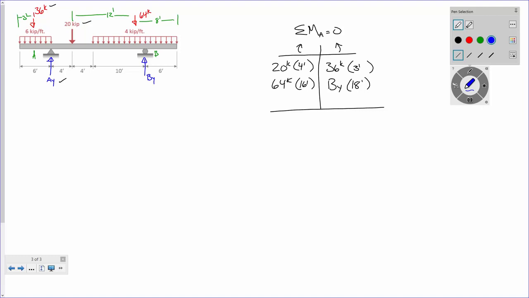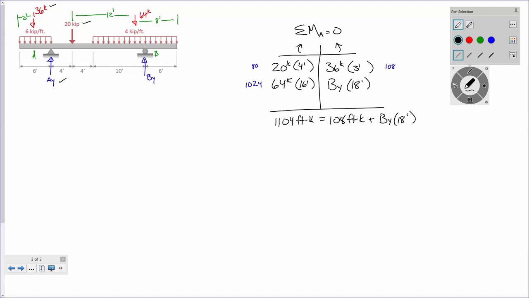Okay, so 36 times 3, that's 108. 20 times 4, that's 80. 64 times 16 is 1,024. So here on the left side, it's 1104 foot kips. Over here, we've got 108 foot kips plus BY times 18 feet.